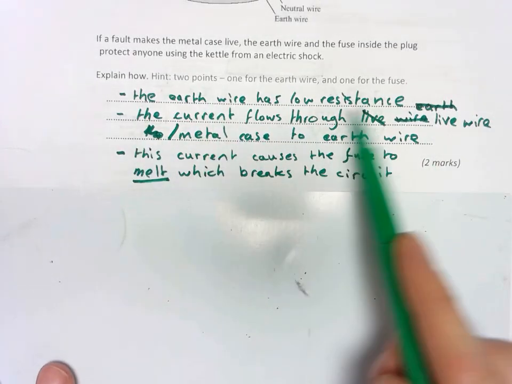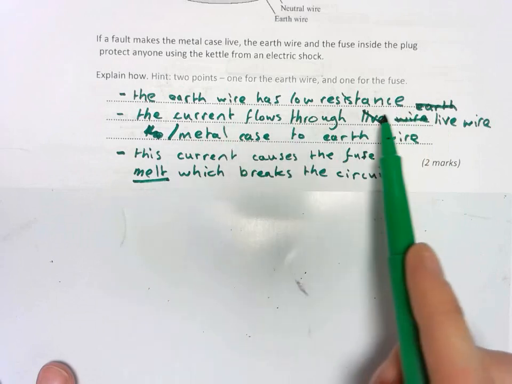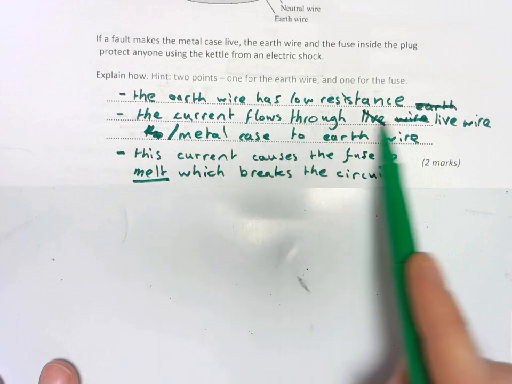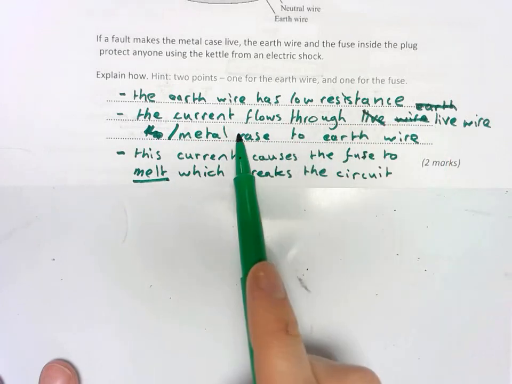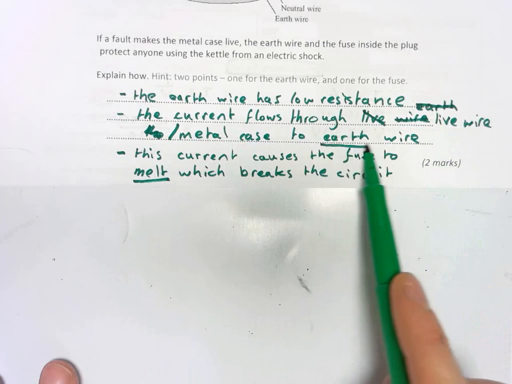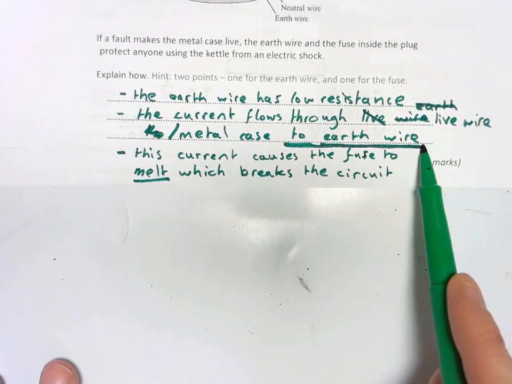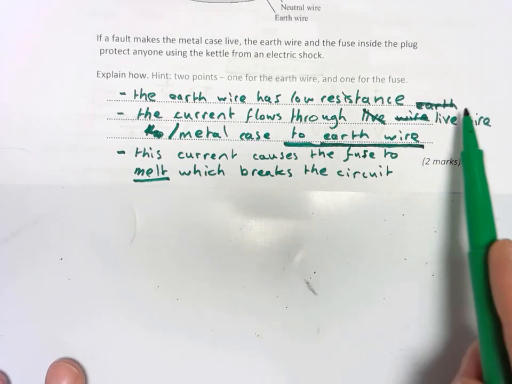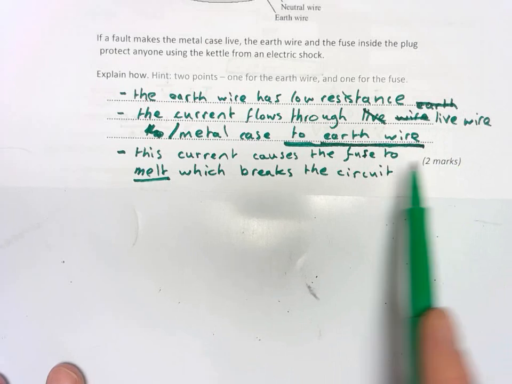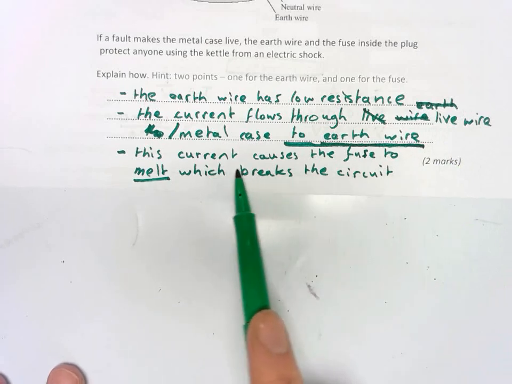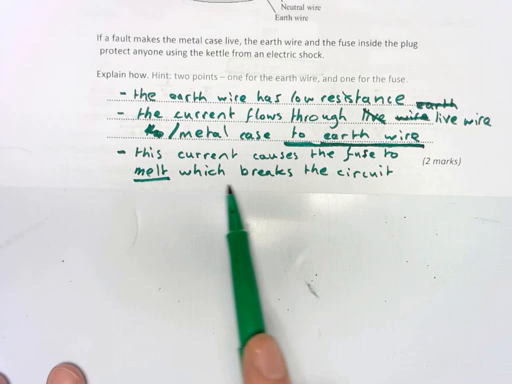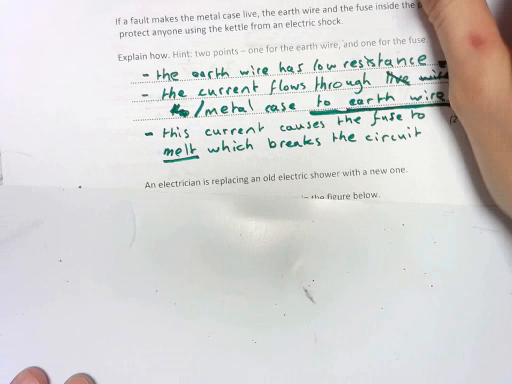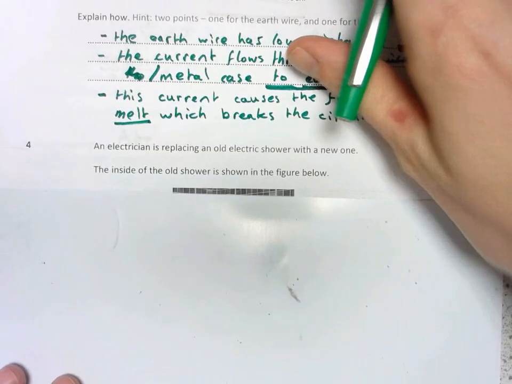So 1 mark for saying low resistance on the earth wire. 1 mark if you said the current flows through the live wire or the metal case to the earth wire. That's the important bit. It flows to the earth wire. And maximum of 2 marks, 2 of these, but you would also have a mark for saying the fuse melts, and that will break the circuit. There's no longer a complete circuit and no current will flow at all.